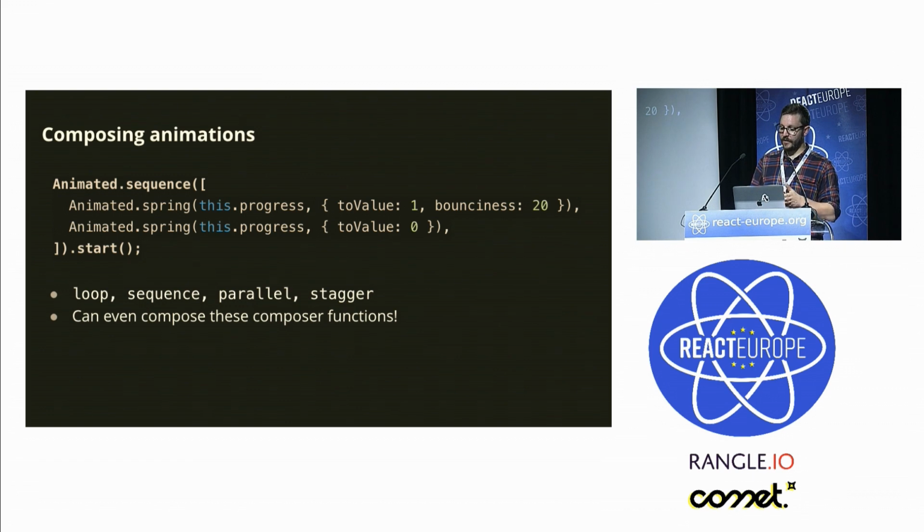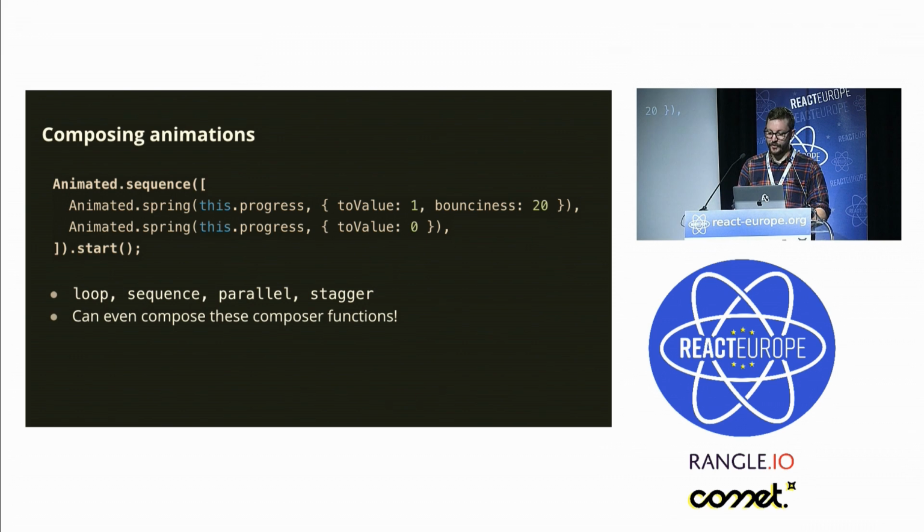So we're calling start on the result from the sequence function, and not on spring inside of the sequence. The callback fires when the entire sequence completes, and you don't listen for when the individual items in the sequence complete. And with stagger, sometimes you'll want to execute an animation and then 100 milliseconds later start another part of it, and that just allows you to do that.